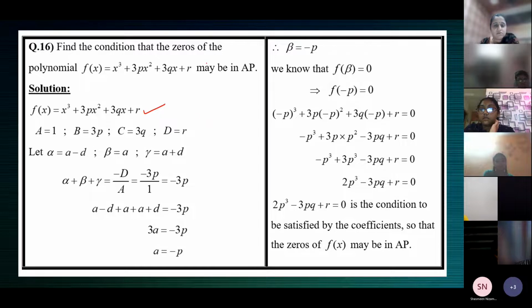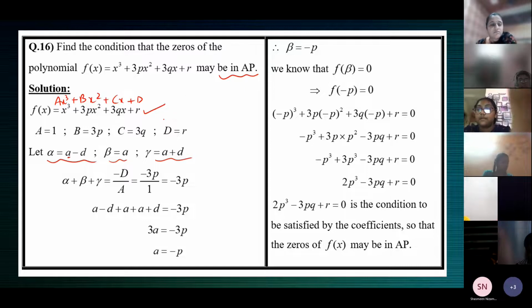And since the zeros should be in AP, we assume alpha, beta, and gamma to be A minus D, A and A plus D. And since we have small letter A here, I'm using capital letters for the coefficients A, B, C, and D. This is AX cube plus BX squared plus CX plus D.